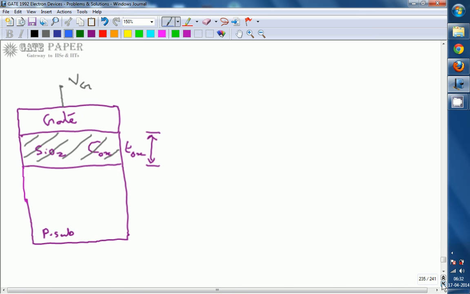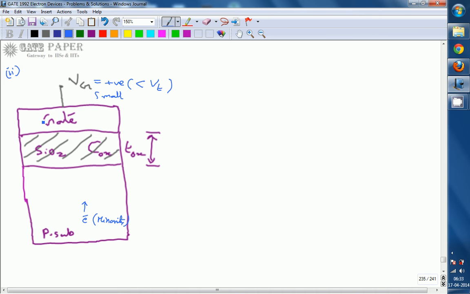Next, the second case: if the gate voltage is positive but not sufficient, that is, less than the threshold voltage, we are applying a small positive voltage which is lesser than the threshold voltage. That positive voltage can attract negative charge carriers from the p-type substrate. Negative charge carriers are nothing but electrons, which are minority carriers present in the substrate. They will be attracted towards the silicon dioxide layer.